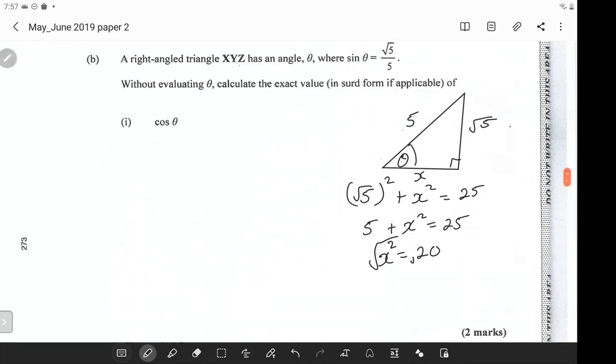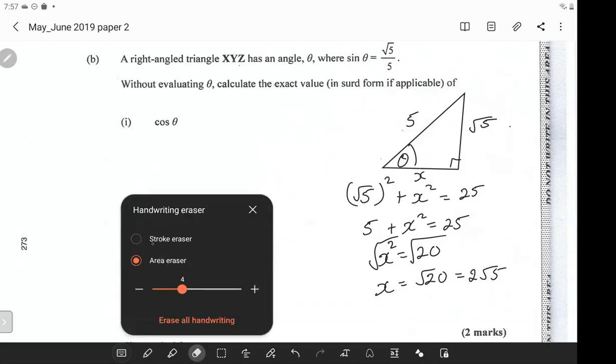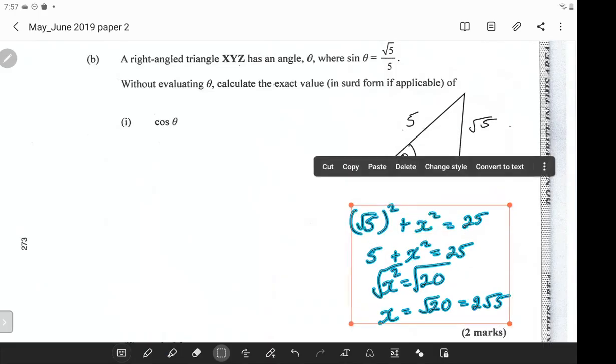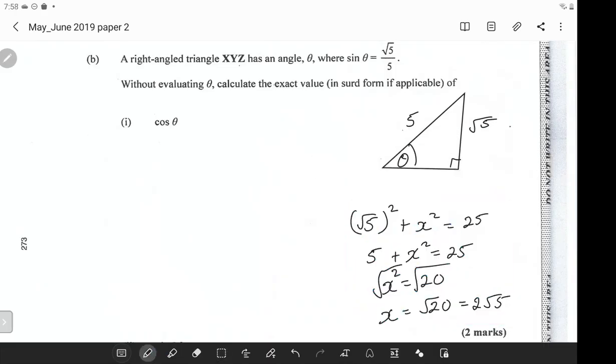So we have x is equal to the square root of 20, which of course could be written as square root of 4 times square root of 5, which is 2 root 5. All right, so this side of our triangle here is 2 times the square root of 5.